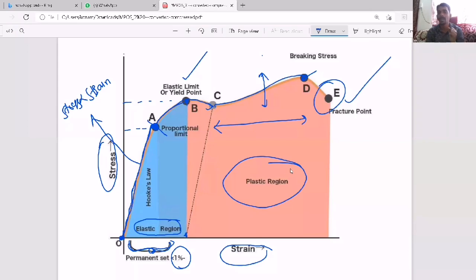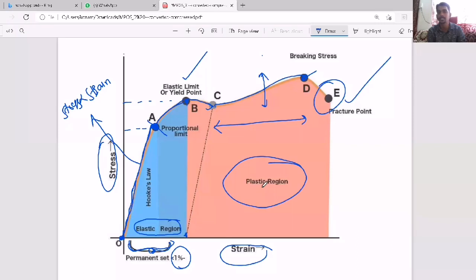So proportionality point, elastic limit, breaking stress, fracture point: theoretical questions can be asked from these at board level or from an entrance point of view. Below it, I have given clear notes for this also. Let's have a look at it. What is the elastic region? What is the plastic region? What is the meaning of proportionality limit?